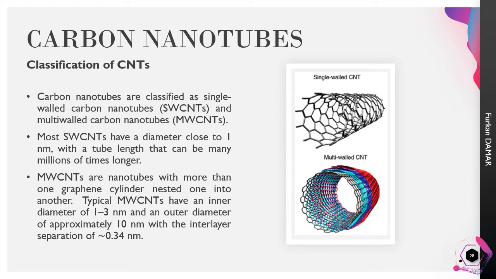That means they can be measured in meter scale. And MWCNTs are nanotubes with more than one graphene cylinder nested one into another. Typical MWCNTs have an inner diameter of 1 to 3 nanometers and an outer diameter of approximately 10 nanometers with the interlayer separation of 0.34 nanometers.